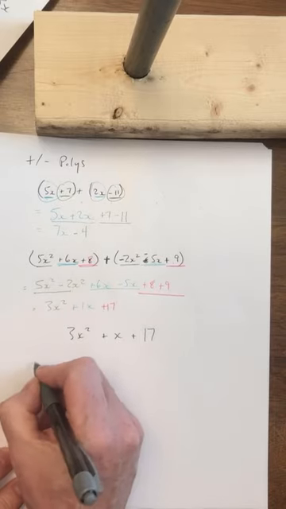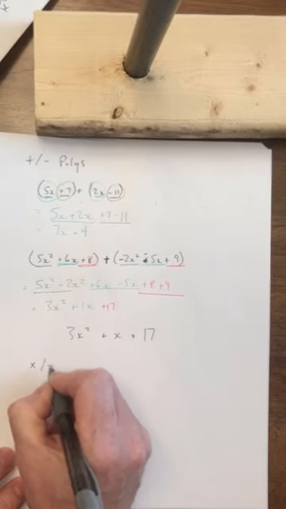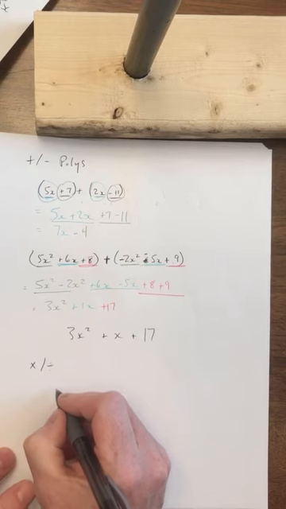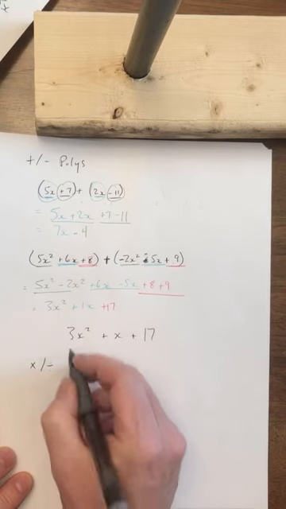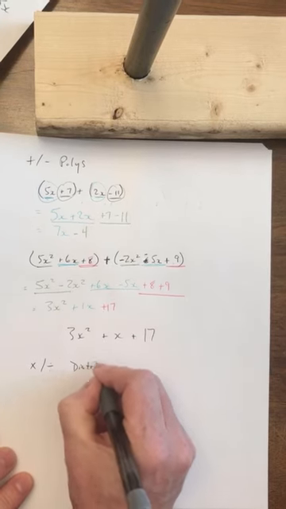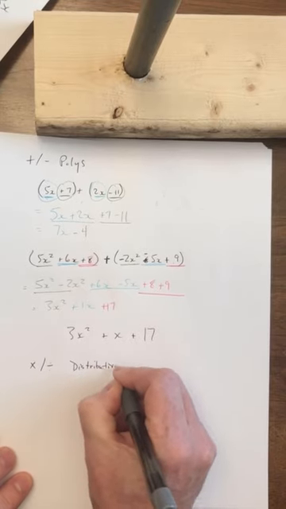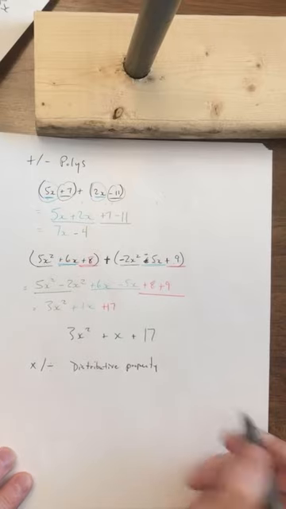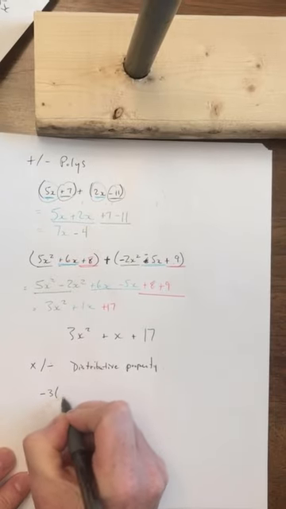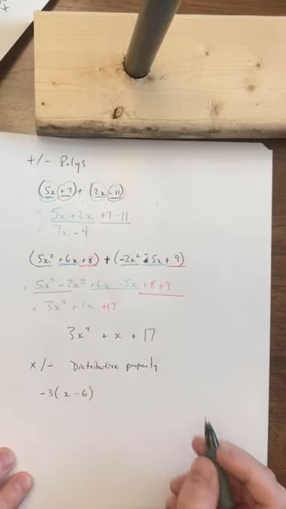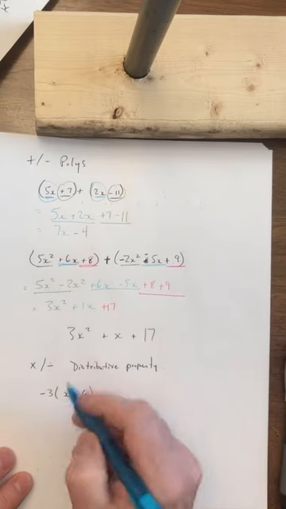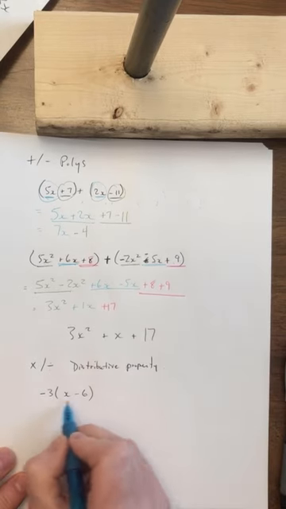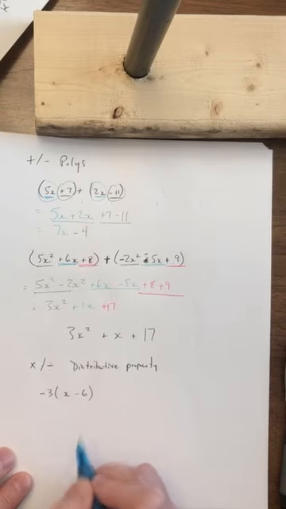I just want to do a review of multiplying and dividing polynomials. And we call this distributive property. And the way distributive property works is this is minus 3 times a polynomial, in this case a binomial, 2 terms.